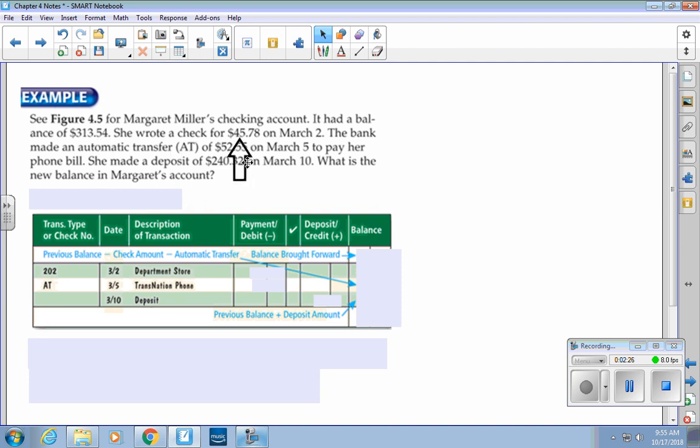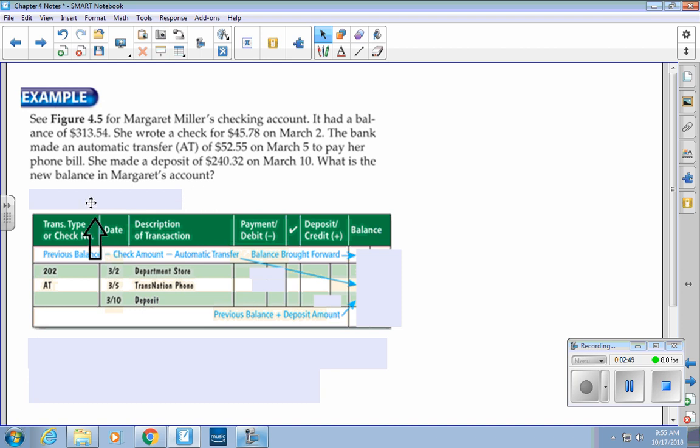She wrote a check for $45.78 on March 2nd. The bank made an automatic transfer of $52.55. Let's say that's her cell phone bill. And on March 5th to pay her phone bill, she made a deposit of $240.32 on March 10th. What is the new balance in Margaret's account?